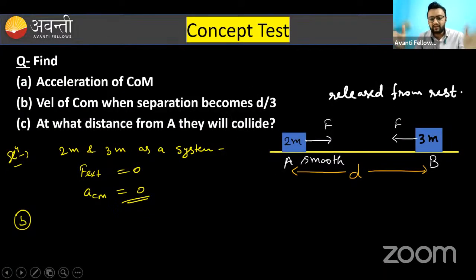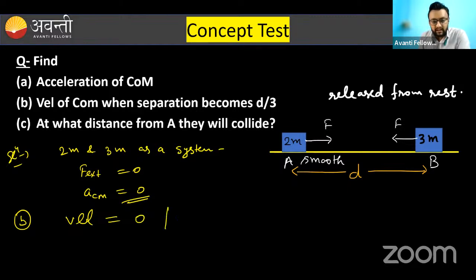So whatever may be the separation between these two blocks, the velocity of center of mass will be zero. This is the more precise term.